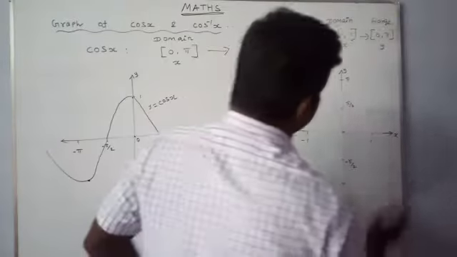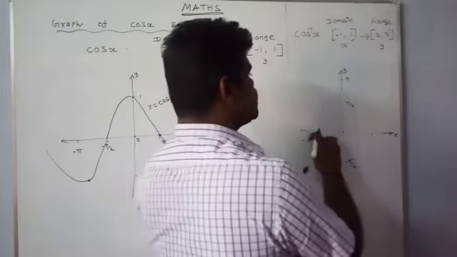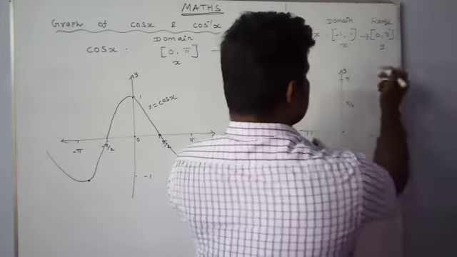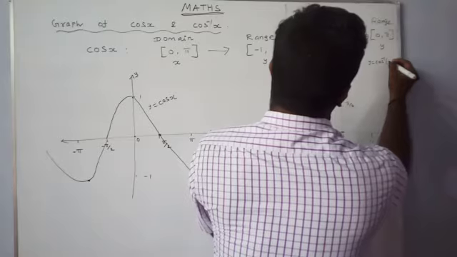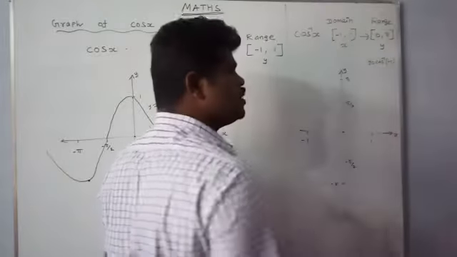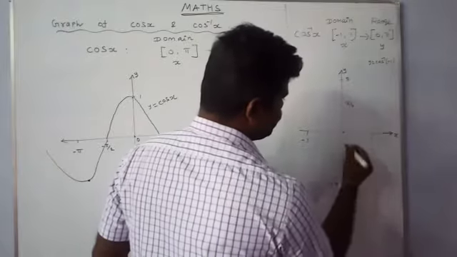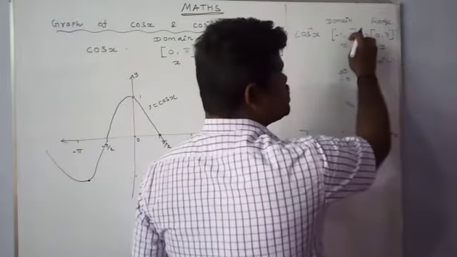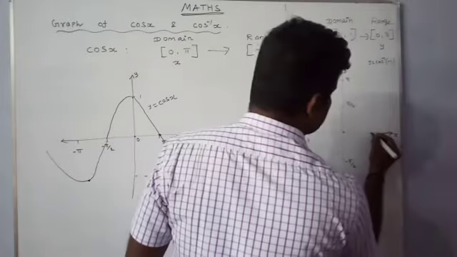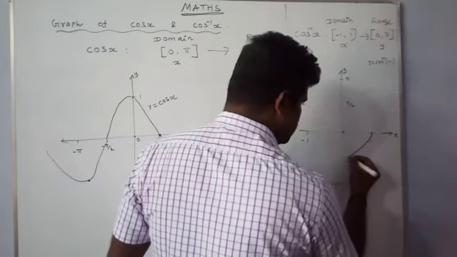If we give the value of -1, cos inverse of -1 means what is the value? Here y equal to cos inverse of -1. Put x as -1. Cos 0 means 1. So the graph must come this way.